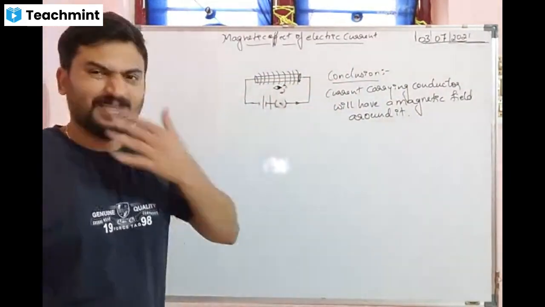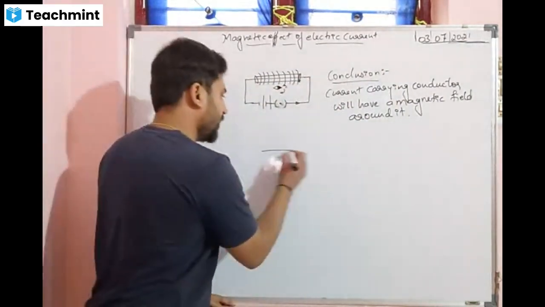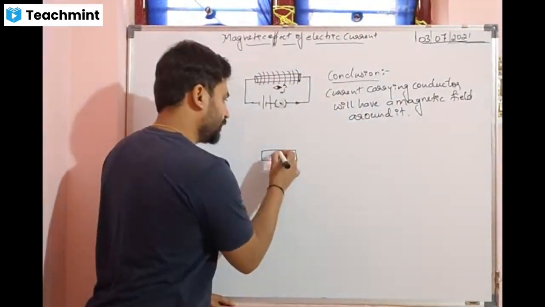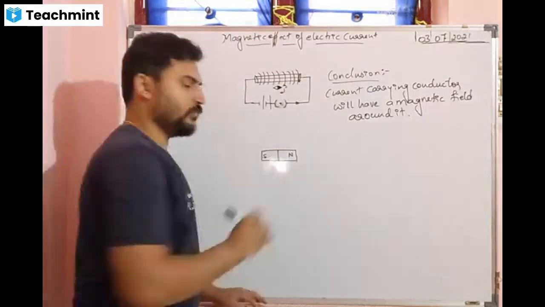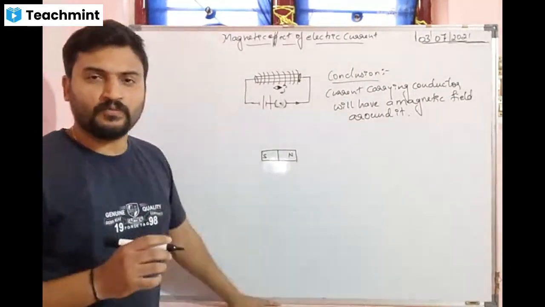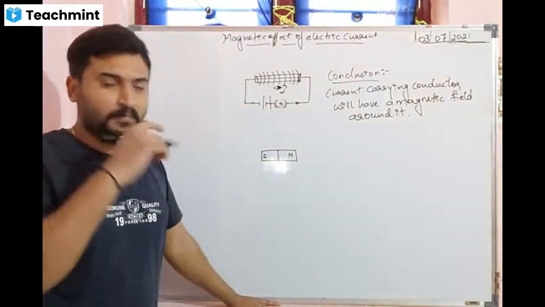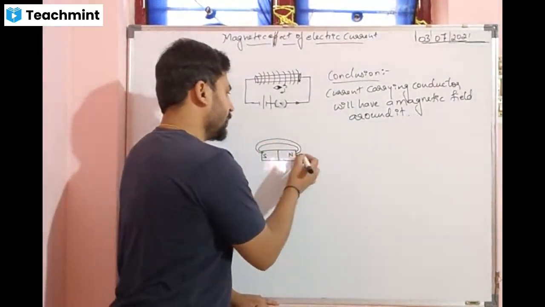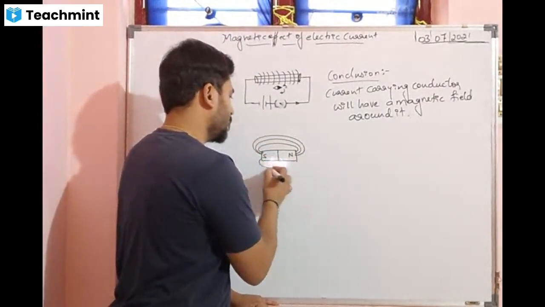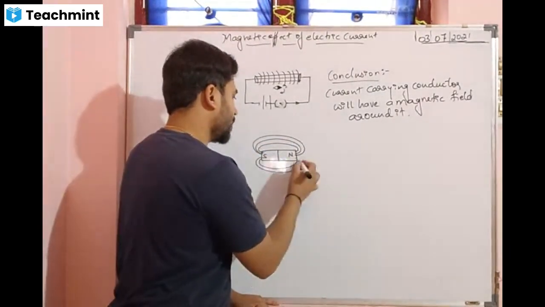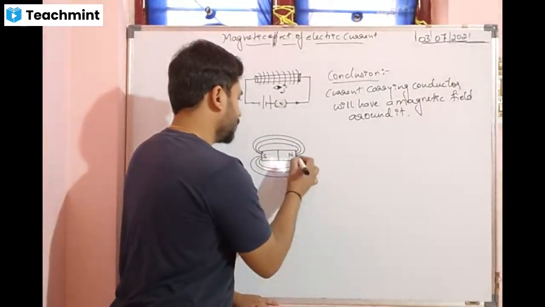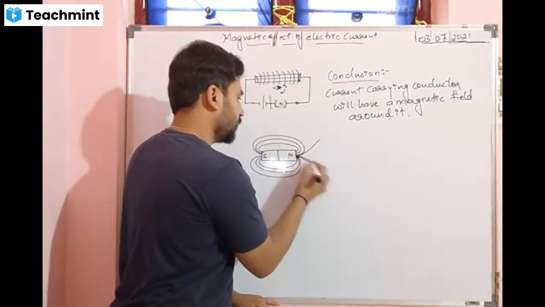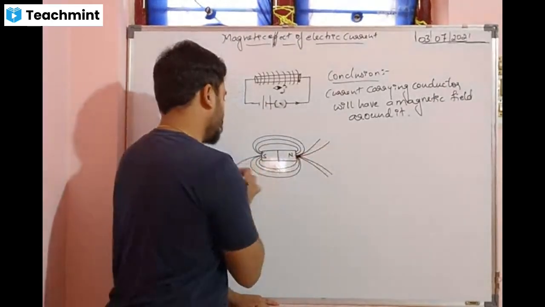To understand what is a magnet and what is a magnetic field, we took a bar magnet, north pole, south pole. With the help of a compass, they drew these lines, which are called field lines.